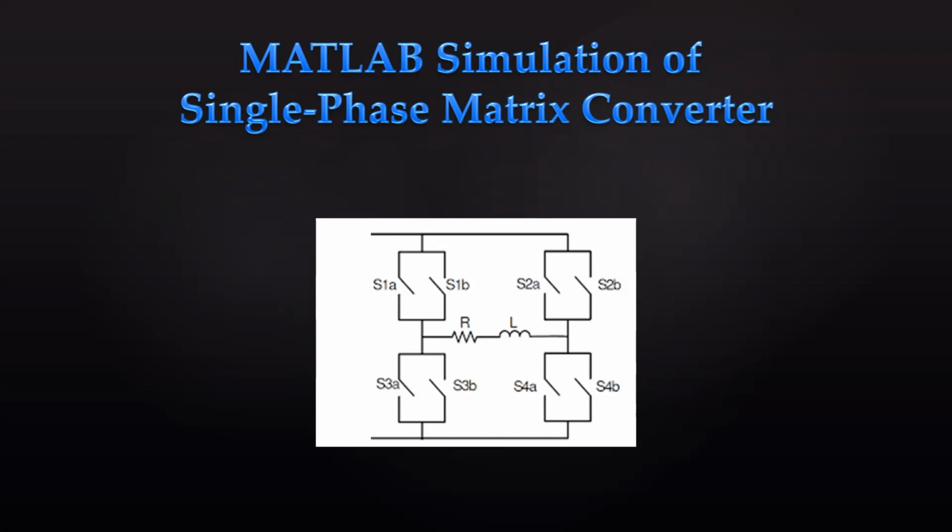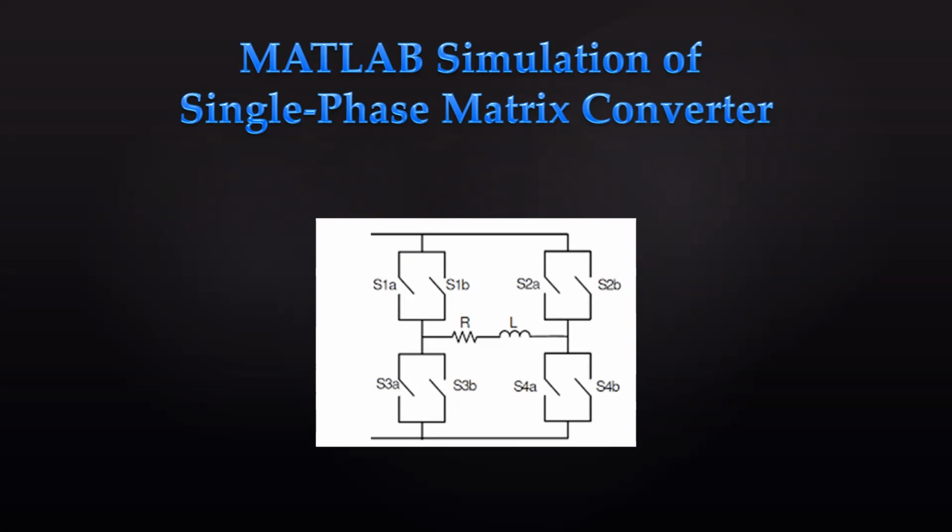The second converter using the same circuit is the inverter, a single phase inverter. The third one is a rectifier, and the fourth one is a cycloconverter. So two converters use a DC supply, and two converters use an AC supply.